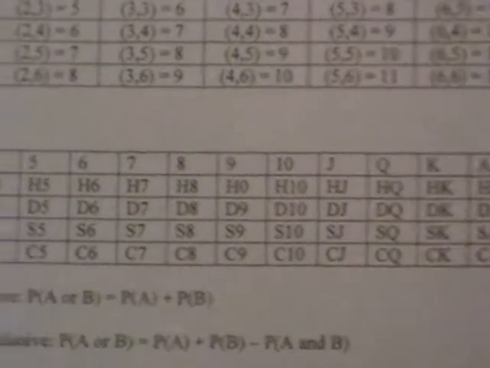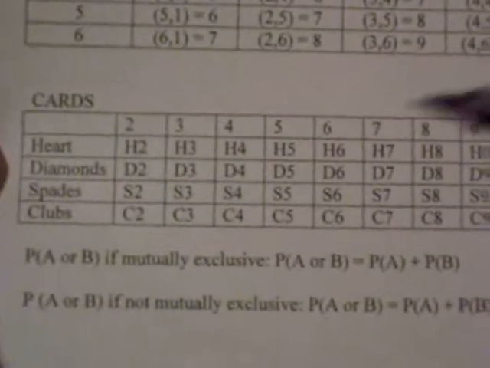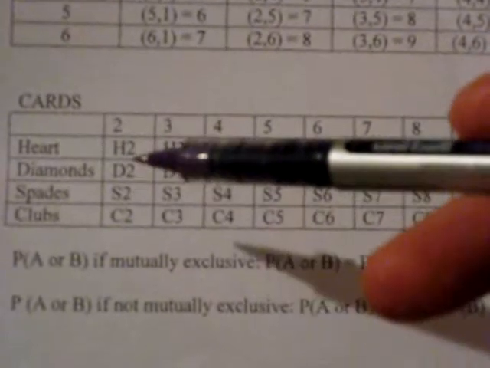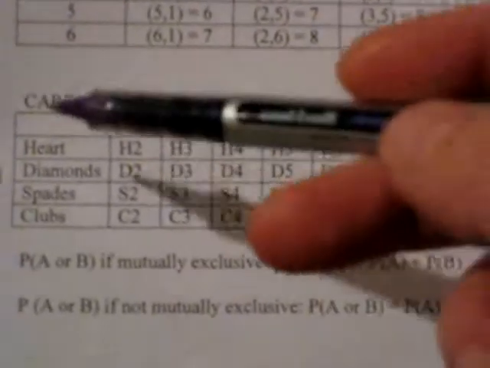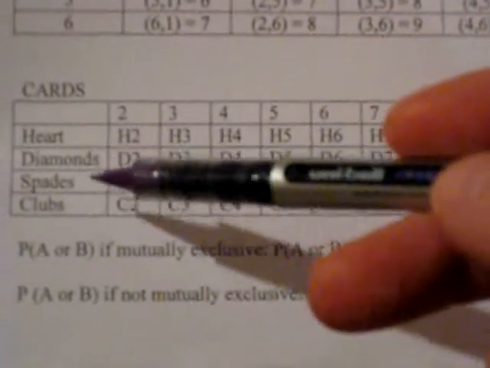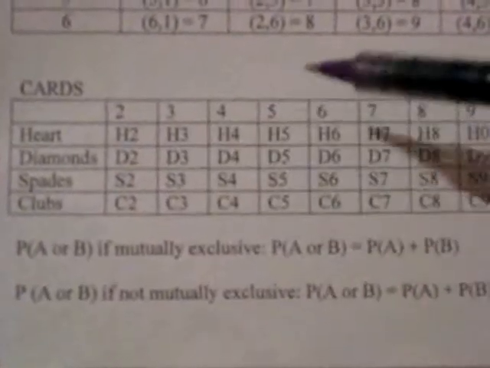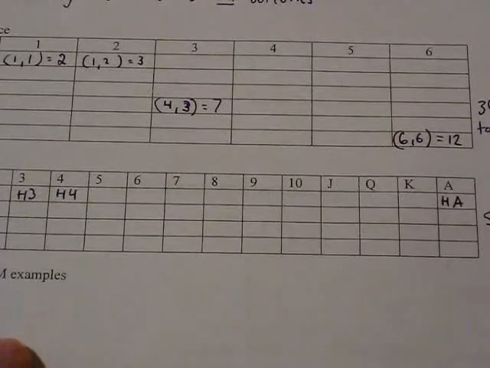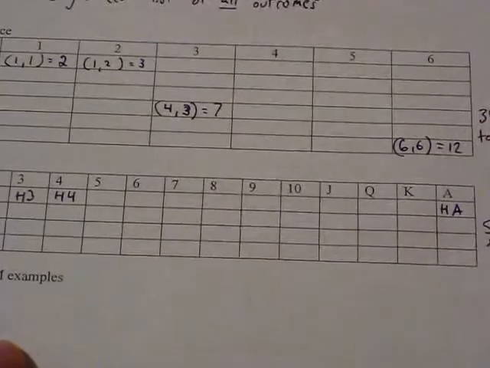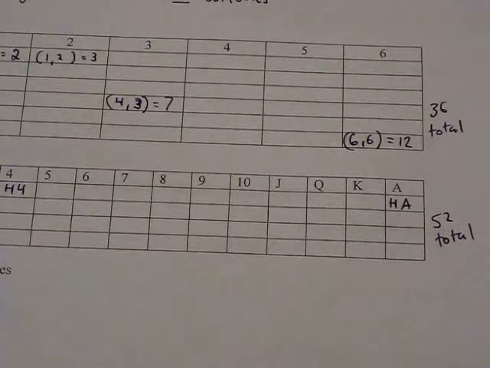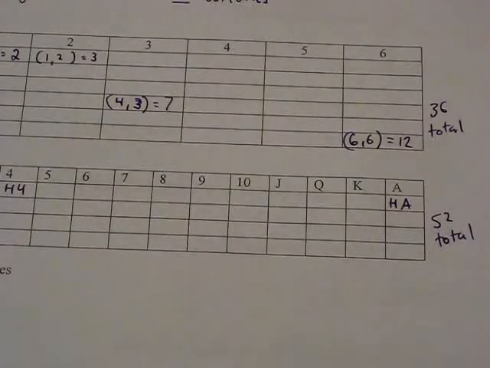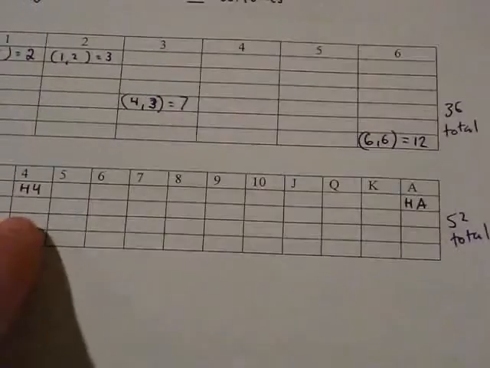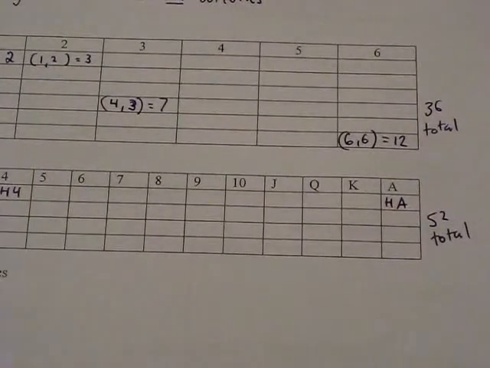And you'd also have hearts, diamonds, spades, and clubs. So 13 of each of these different suits and 4 of each kind of card, no jokers, which gives me a total of 52 in my sample space. And again, this is going to be available on my Moodle site right here for you to download and use on your homework, so you're not having to flip back and forth, but it is a good exercise to fill out these charts in the meantime.